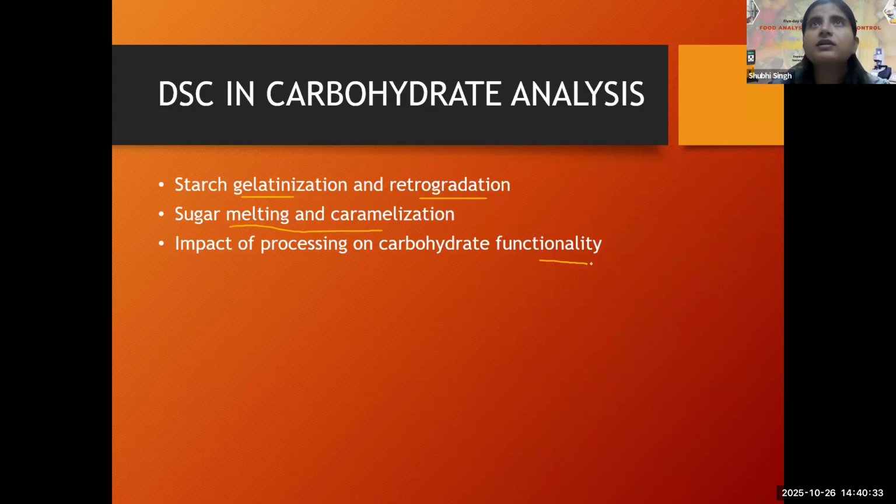It depends on what kind of processing you are doing. Whether you are doing dry heating, dry cooking, or wet cooking: if you do dry cooking, then the Maillard reaction will happen. If you are giving wet cooking, then gelatinization and retrogradation can happen.